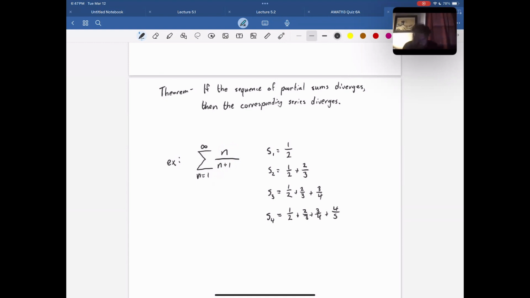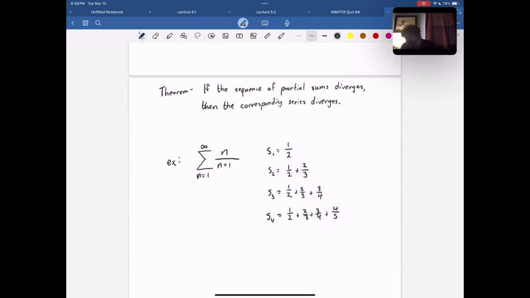So what can we see about this? Well, what we can notice is maybe an interesting little pet tendency that each term inside the partial sum is greater than 1/2, right? It always starts out at 1/2, and then it's always adding a bunch of things that are greater than 1/2.